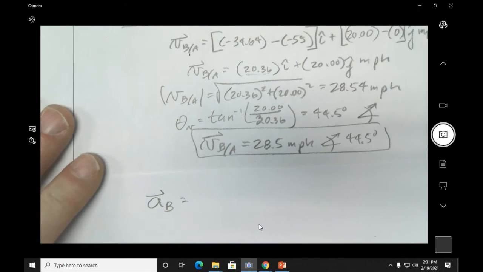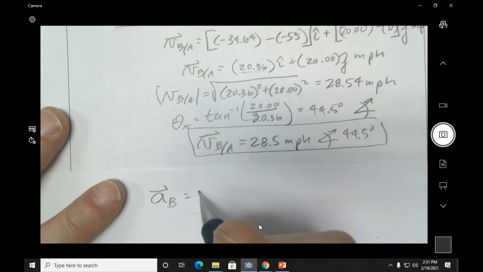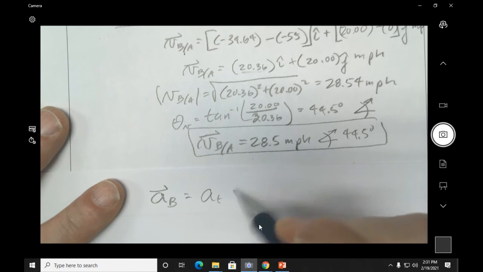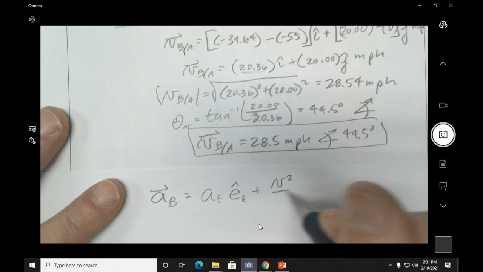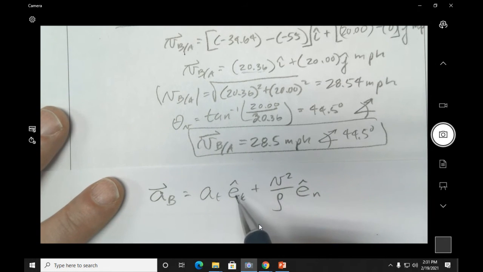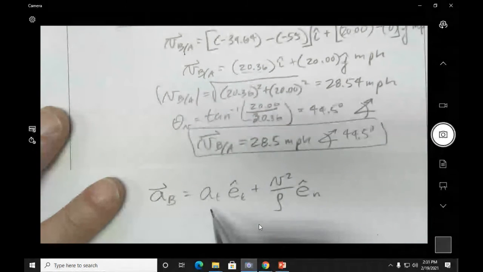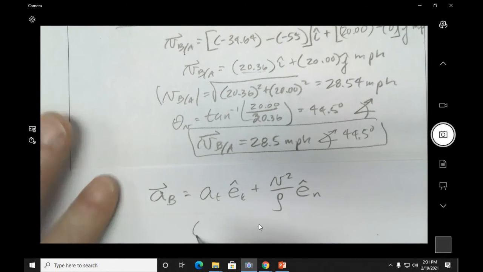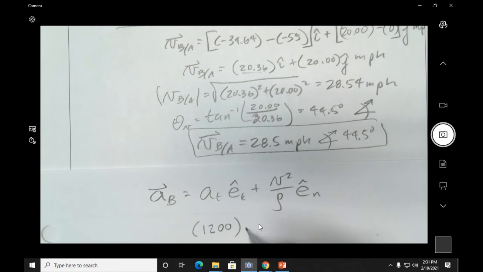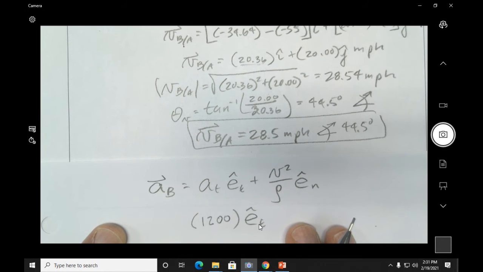Yeah, but this seems like a kind of unnecessary step, but we'll do it anyway. We know that we have the tangential and v squared over rho is the normal direction. They're already telling us that it was increasing speed, so at 1200, and I guess it will say that these are miles per hour squared.